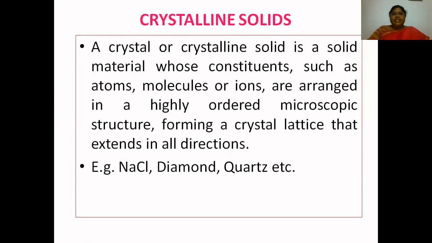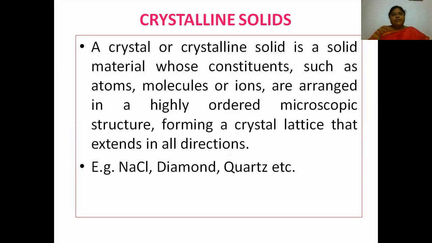Coming to crystalline solids, a crystal or crystalline solid is a solid material whose constituents such as atoms, molecules, or ions are arranged in a highly ordered microscopic structure forming a crystal lattice that extends in all directions.